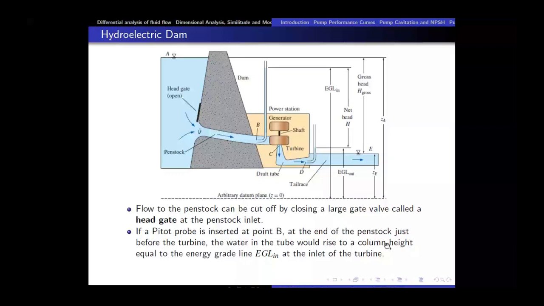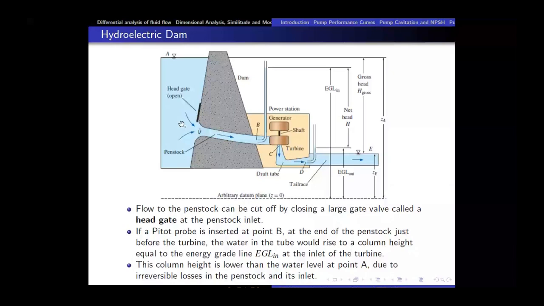At the inlet of the turbine, this column height is lower than the water level at point A. Why that? Because there are frictional losses when the water flows through this penstock and at its inlet. We also studied the inlet losses in terms of KL, if you remember, in chapter number 8.